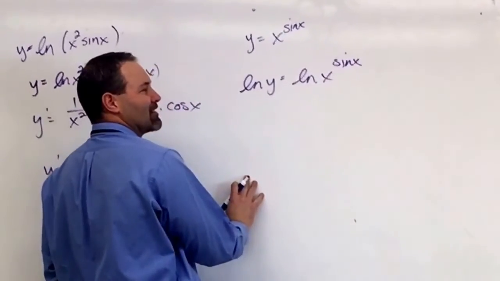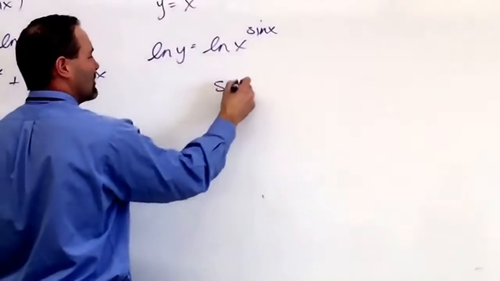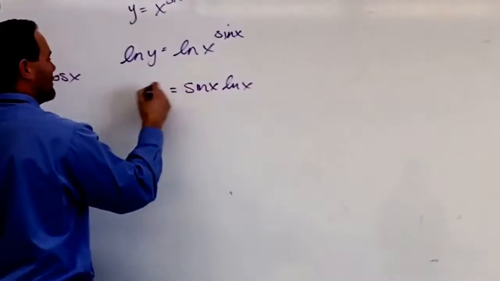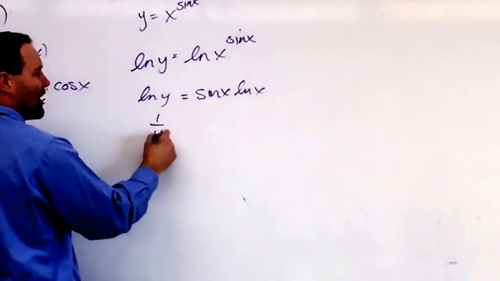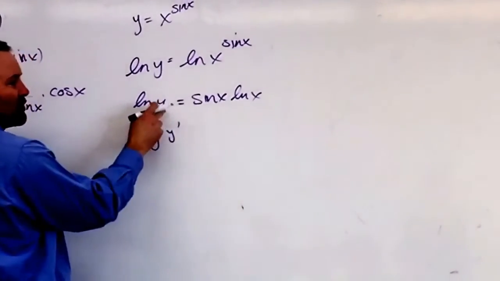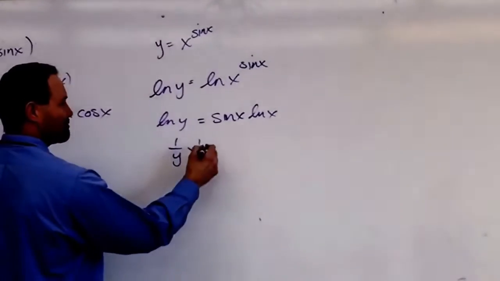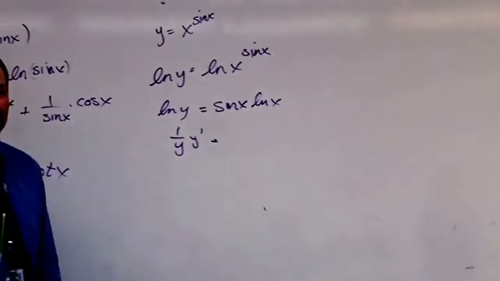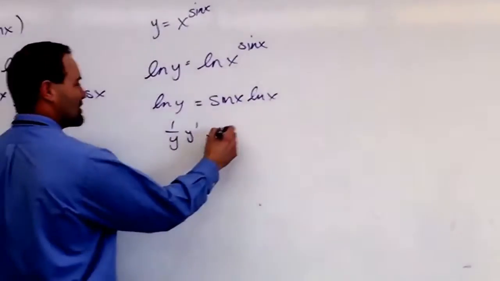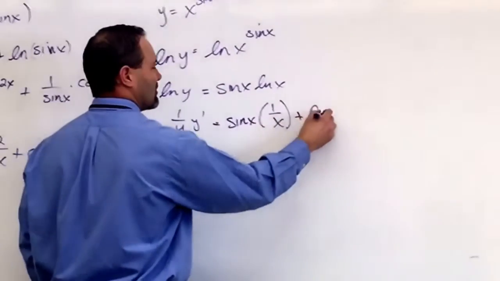So then we could do what Angela was saying, bring the exponent down. And we're ready to differentiate. So 1 over y, remember y prime because it's a derivative of y with respect to x. And then product rule and so on. So sine x times the derivative of natural log of x.